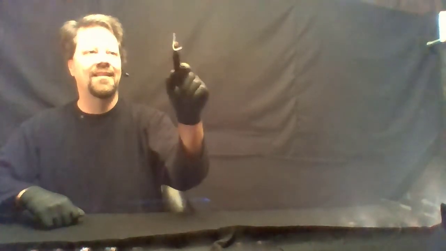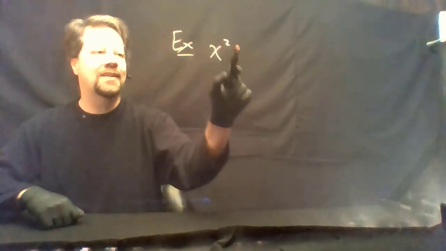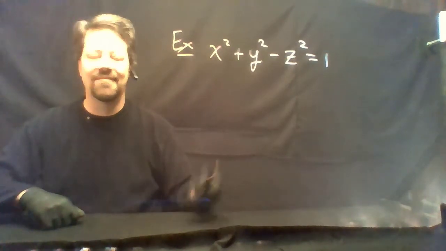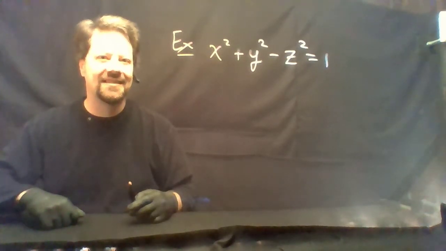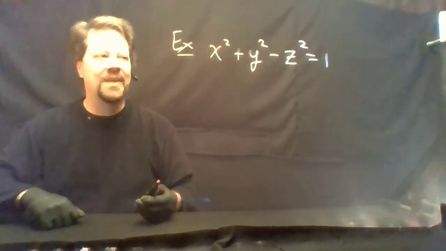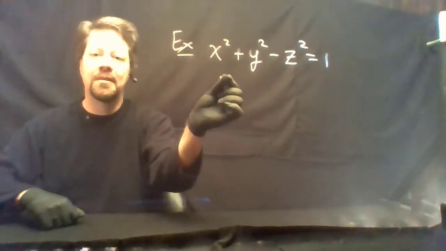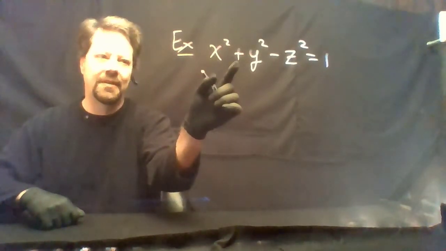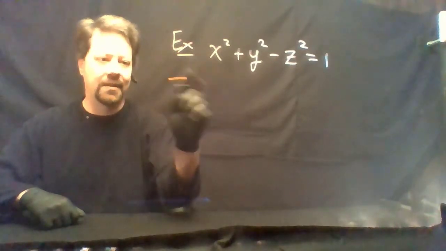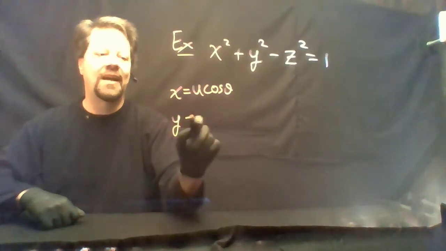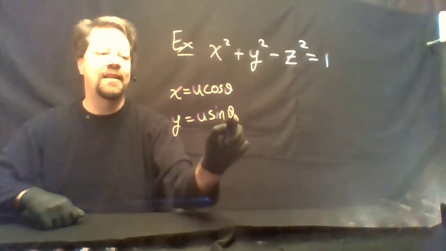Parameterizations for quadric surfaces are usually fairly simple. Suppose I have x squared plus y squared minus z squared equals 1. Do you remember what kind of surface that is? That's a hyperboloid of one sheet. The way that we can do this is we can collapse pairs of variables into a single variable in the following way. If I have a sum, say between x squared and y squared, here's what I'll do. I'll set x equal to u cosine theta, y equals u sine theta.